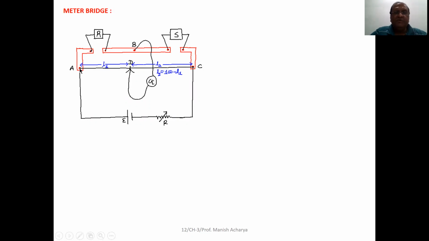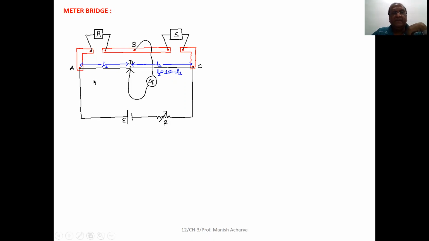And between terminal A and C, a wire having length 1 meter and uniform cross-sectional area is connected.